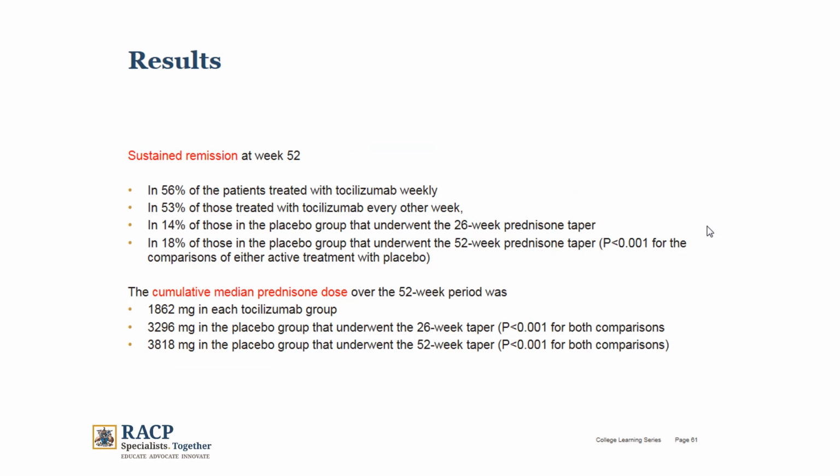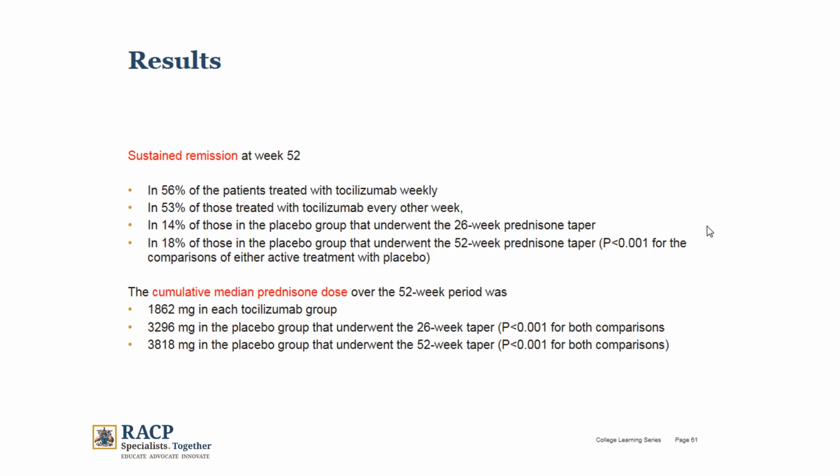The primary outcome was sustained remission at week 52, and this was seen in 56% of patients treated with tocilizumab weekly, in 53% of patients who were treated fortnightly with tocilizumab, and in the placebo group only 14% were in sustained remission, particularly those that were tapered off at 26 weeks.